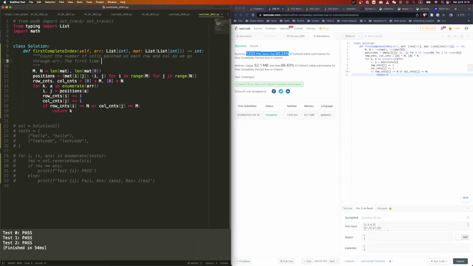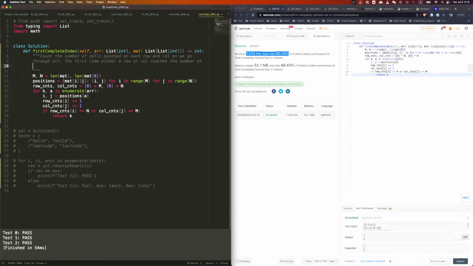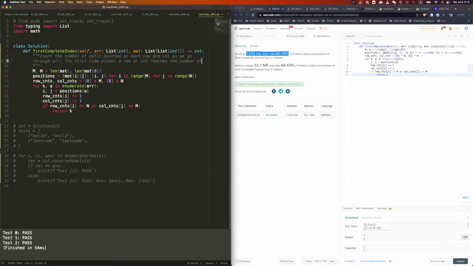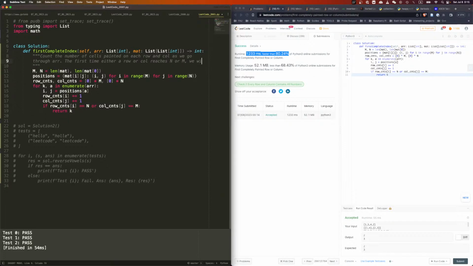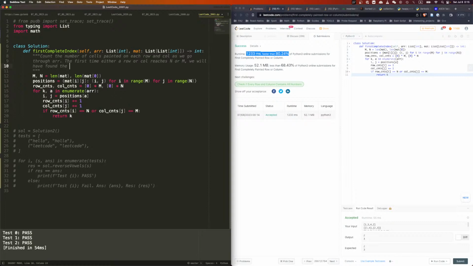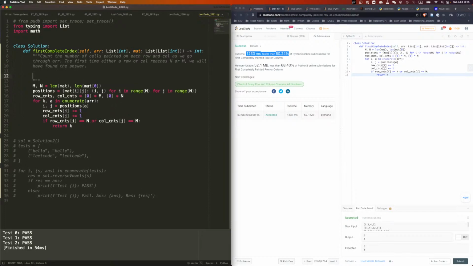First time either a row or column reaches the number, reaches n or m, we will have found the answer.